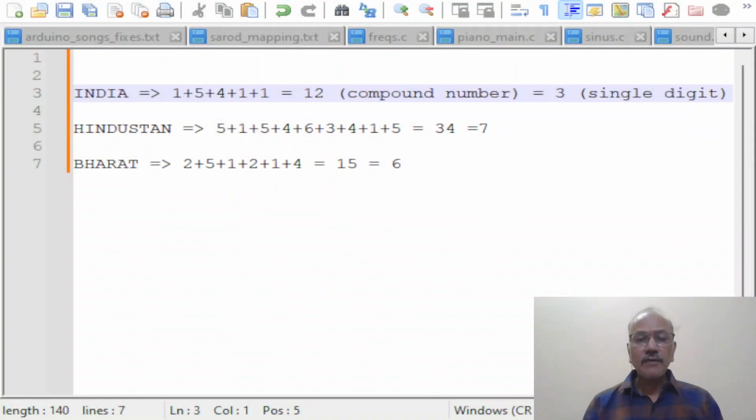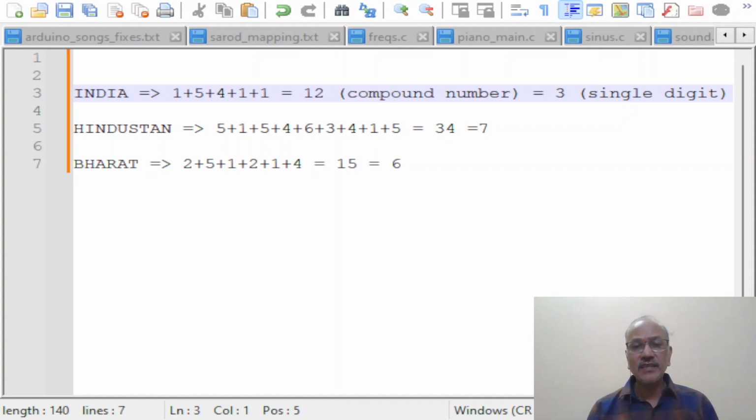So here I have the 3 names: India, Hindustan and Bharat. If we take India, like I said, each and every alphabet has been given a number. I has been given 1, N has been given 5, D has been given 4, I again 1 and A 1. Now, how did I get these numbers?